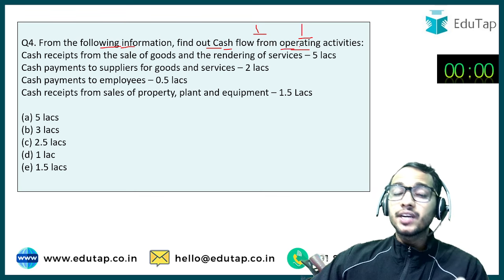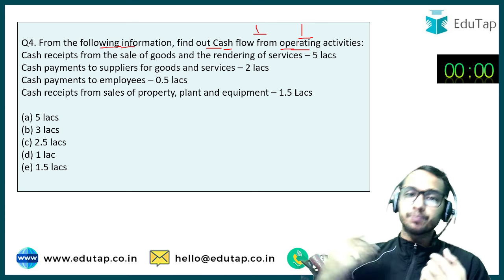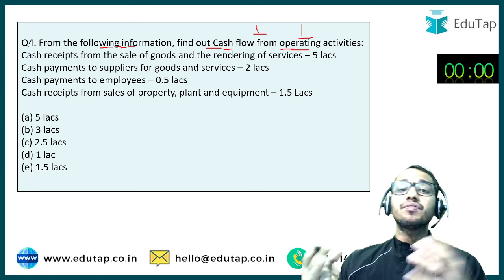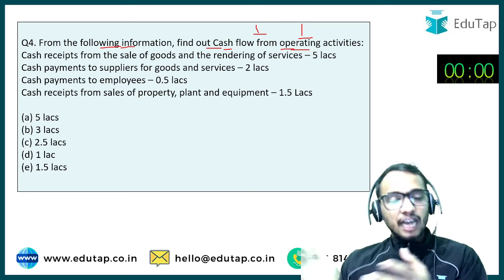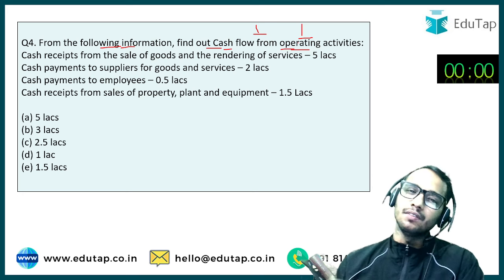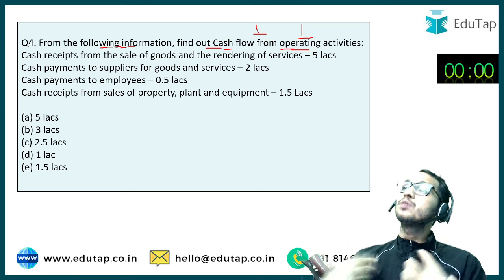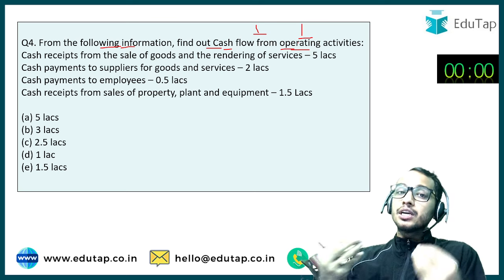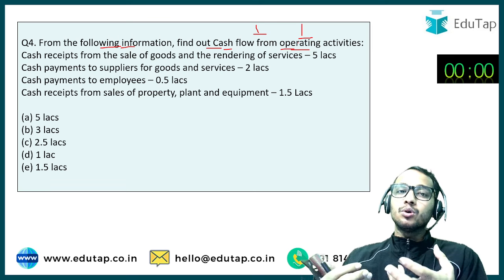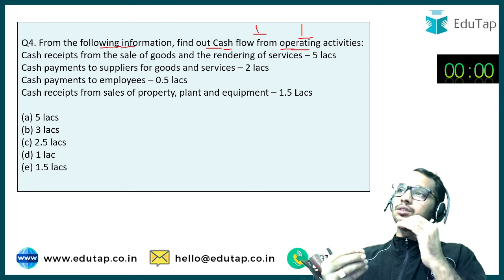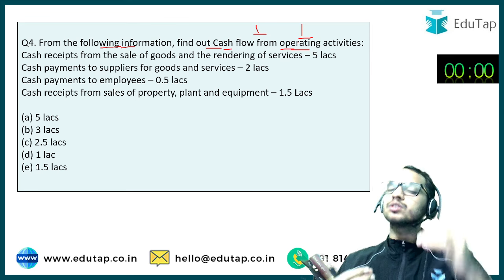What is investment activity? Suppose you are investing in fixed assets, like you have purchased machinery, or when you are selling it, that will be included in the investing activities. And for financing, when you are generating your funds, you are trying to increase your sources of funds.